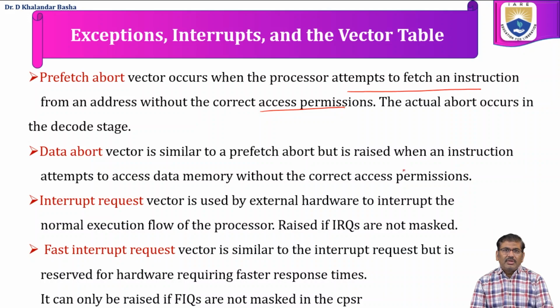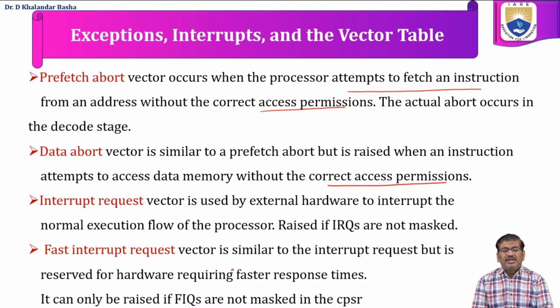Data abort vector is similar to prefetch abort, but it is raised when an instruction attempts to access data memory without correct access permissions. Interrupt request vector is used by external hardware to interrupt the normal execution flow of the processor, raised if IRQs are not masked.